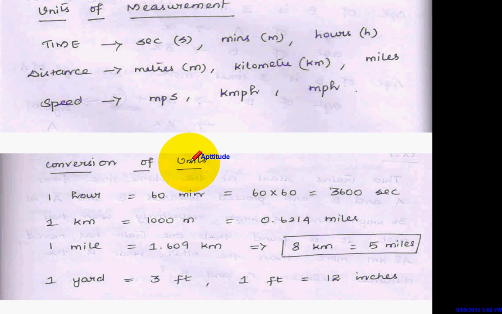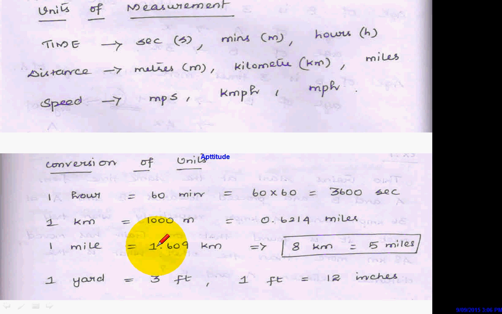Once we know the units, if they are given in a different way, then we go for converting into a common one. So the conversion of units plays a vital role here. See, 1 hour comprises 60 minutes, or we can say 1 hour is equal to 3600 seconds. Similarly, 1 kilometer is equal to 1000 meters. In other words, it is equal to 0.6214 miles.